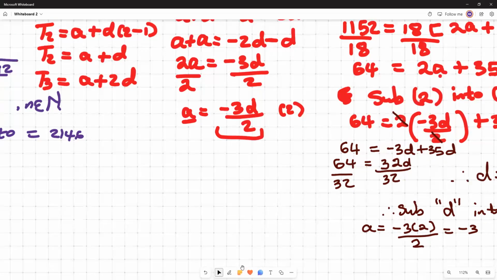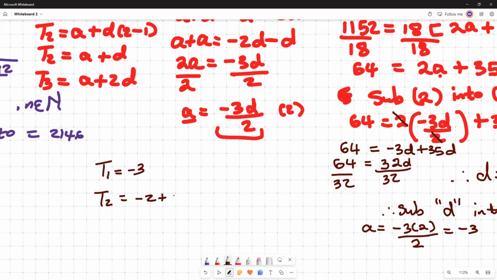Remember, we said T1, which is the first term, equals to a. So the first term will be negative 3. We said the second term is a plus d.